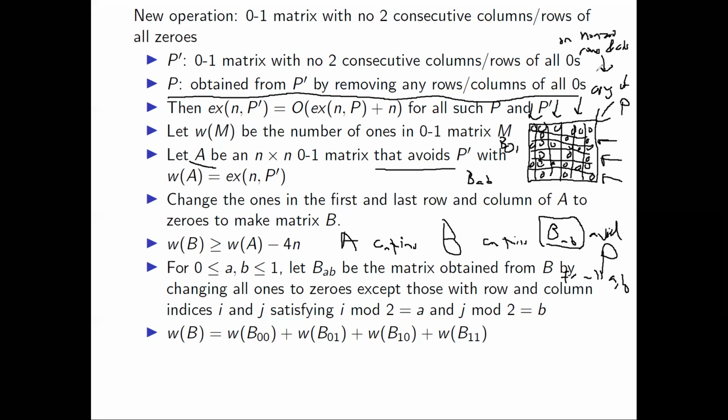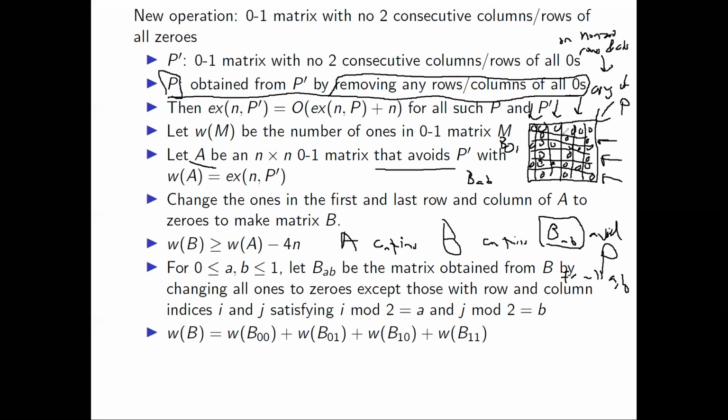So any copy of P in that BAB matrix has to be on non-zero rows and columns. And that's because this P right here was obtained from P prime by removing any rows or columns of all zeros. So P does not have any rows or columns of all zeros. So the copy of P has to be on non-zero rows and columns of the BAB matrix if BAB did have a copy of P.